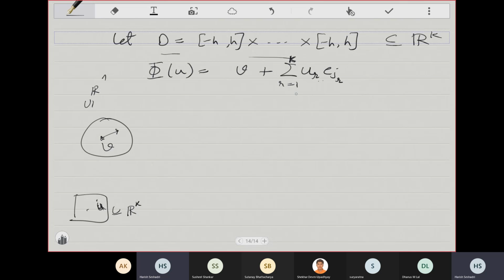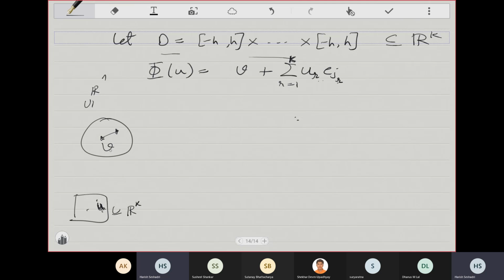So what I'm adding is essentially V plus the vector UR1, up to URK, and then zeros everywhere. I cannot write it in this notation because where the UR occurs depends on EJR, not on E1, E2. So it's a bit messy to write in this coordinate notation. Let's just leave it like this. You think of it as taking U, concocting a vector out of it, and adding it to V.